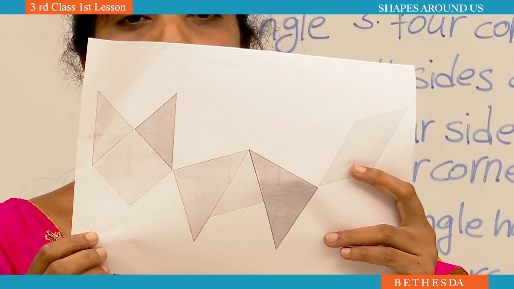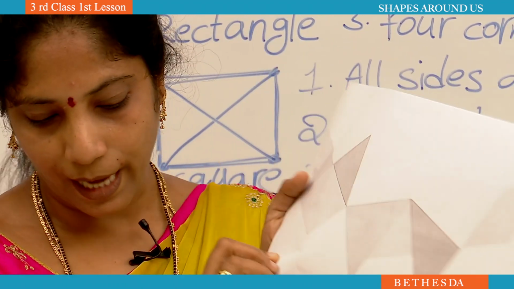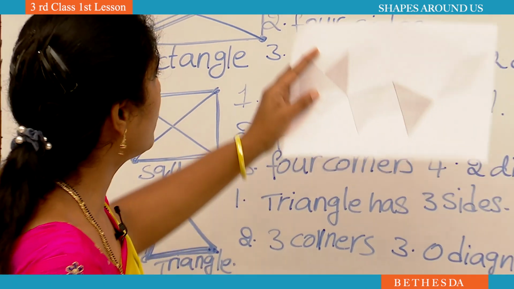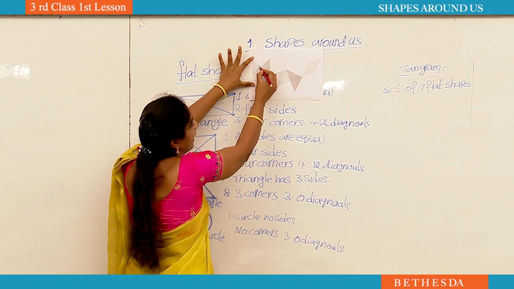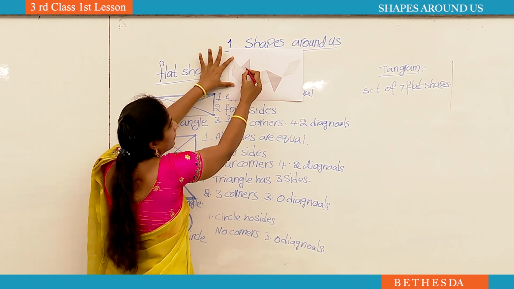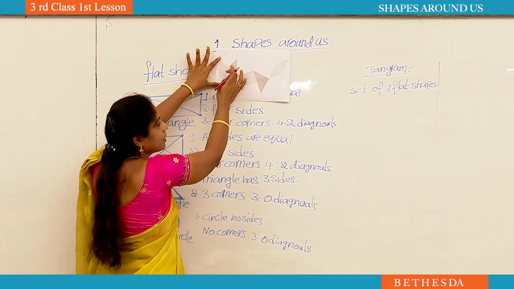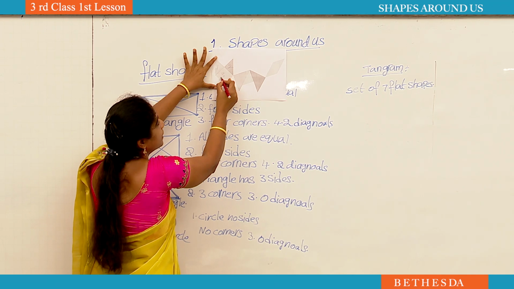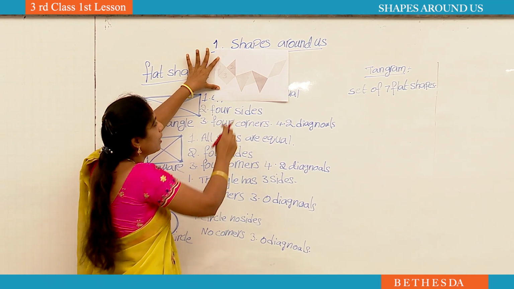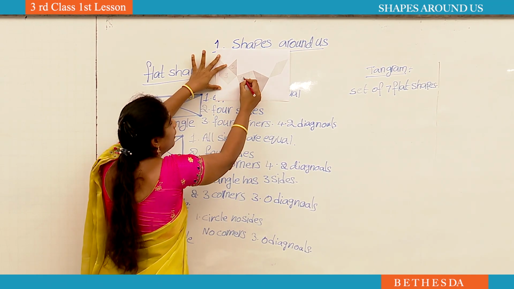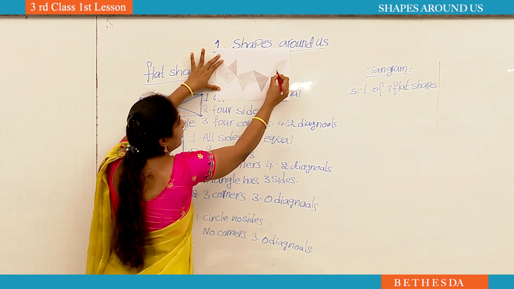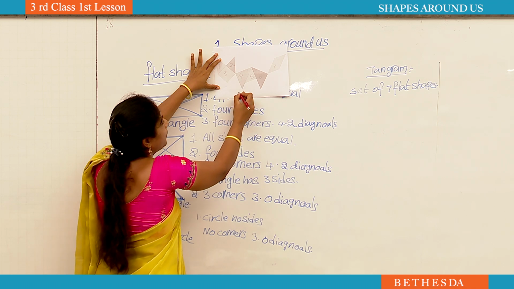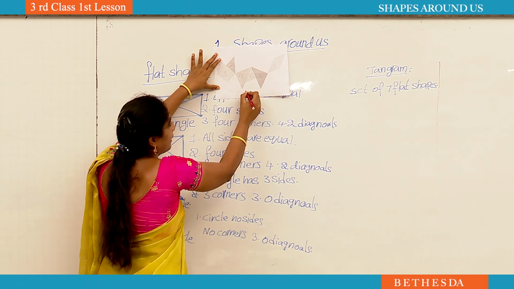See here, how many flat shapes are there? I will count, you also count along with me. 1. This is a triangle flat shape. Second one also a triangle. See here, this is the square. And the fourth one is a triangle again. Fifth one triangle. 6 and 7. Here, this is a cat picture. This is called a tangram. Why?